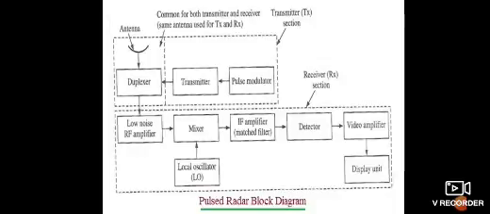You can see in the block diagram, this is nothing but the transmitter section. All of these blocks make up the transmitter section, and the first one is the pulse modulator. It will generate a train of pulses, and that train of pulses is given to the transmitter.